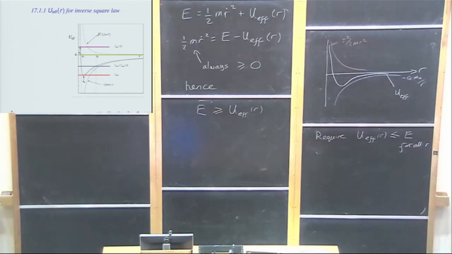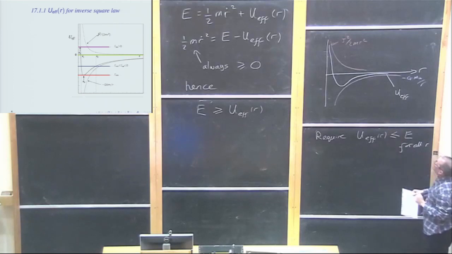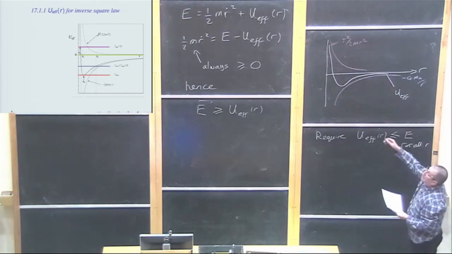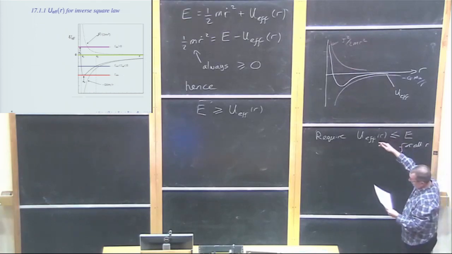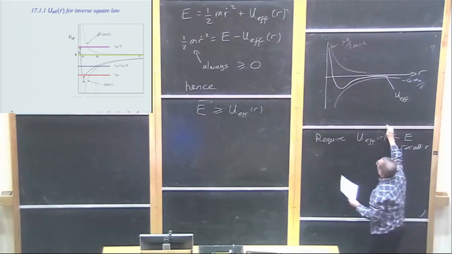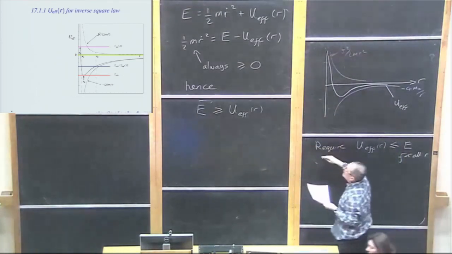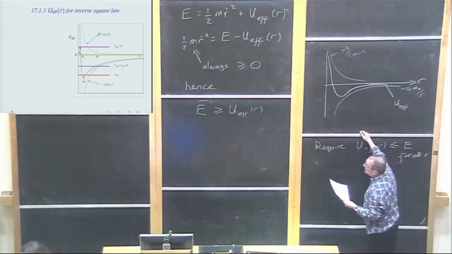So now we see that the possible motion we get therefore depends on the value of the energy we have. And we're going to have a variety of solutions. So the first solution, again, I'm just repeating this drawing on the slide, but building it up stage by stage.